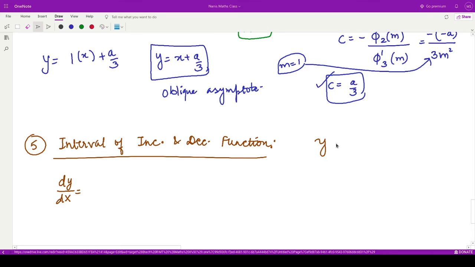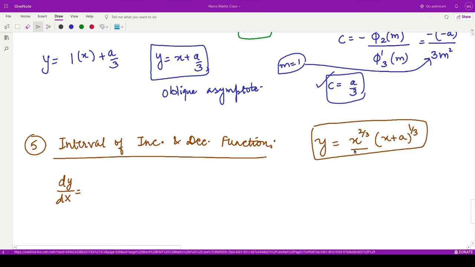Our curve y was x raised to power 2 by 3, and then we had x plus a raised to power 1 by 3. So this was the given curve. So now in order to find dy by dx, we just differentiate this curve with respect to x.